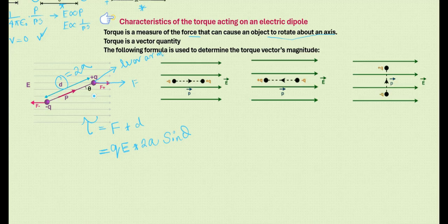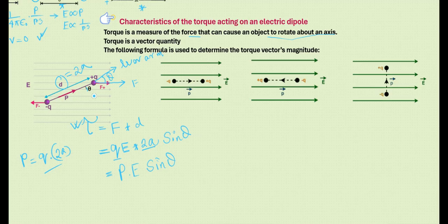In between, this angle is called theta. Here we know that the dipole P equals Q times 2a. So we could write down P times electric field and sine theta. So this is the equation of torque, the basic equation.